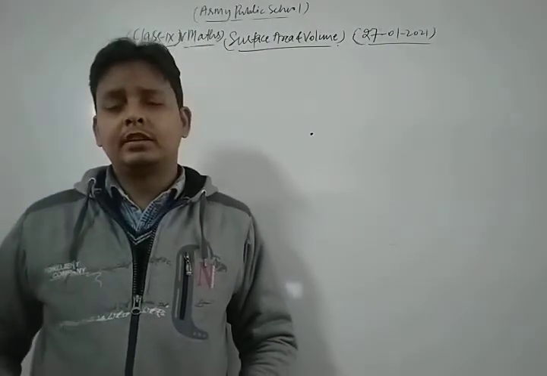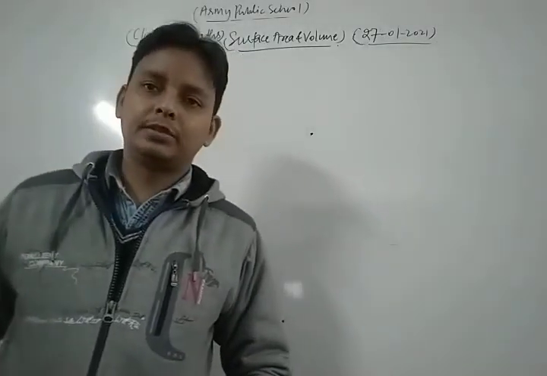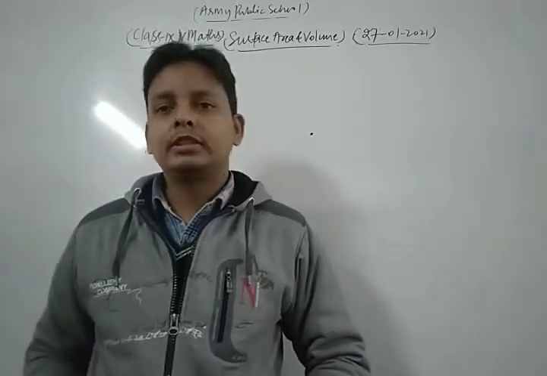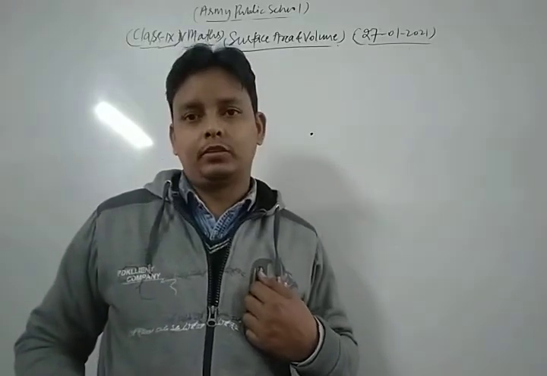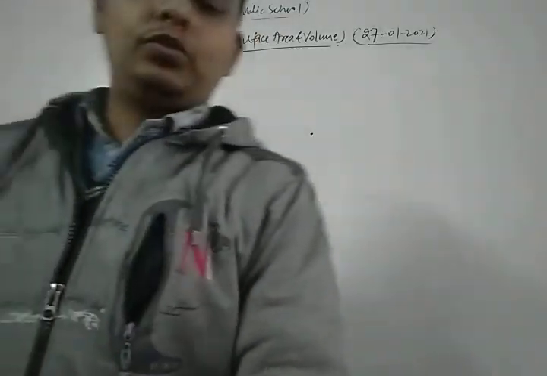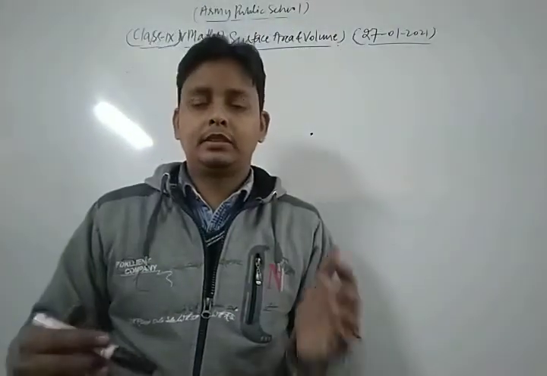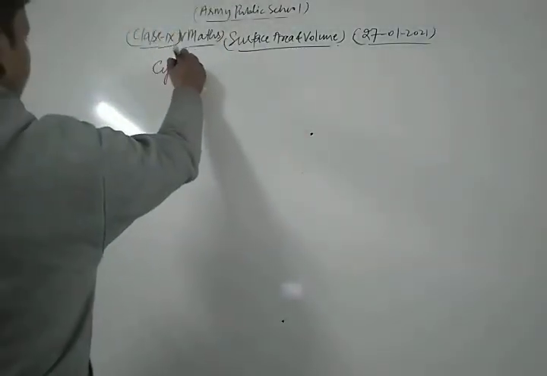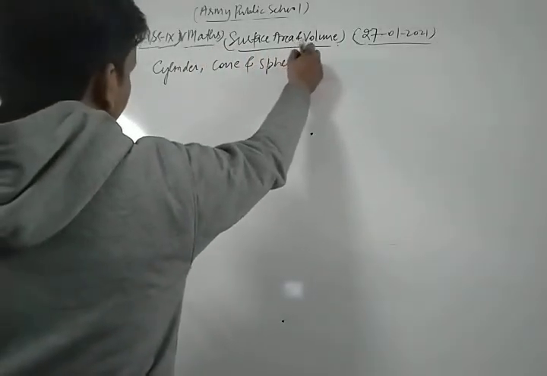Dear students, in the previous class we discussed two important topics related to that chapter, which are cube and cuboid, and we solved some important questions based on them. Now in this class we are going to discuss the next shapes of solids: cylinder, cone and sphere also.